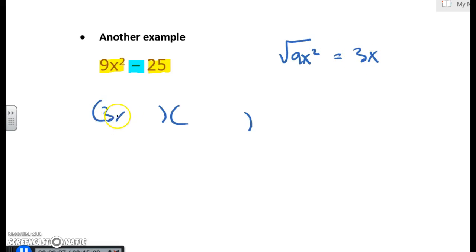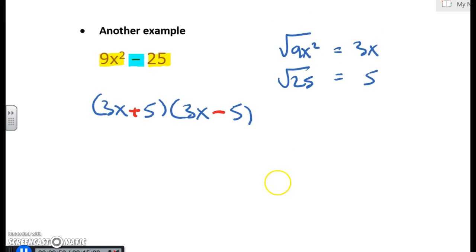I'll put the 3x here in the beginning of both binomials. Then I'll do the same thing to the 25. I'll get a 5, put the 5 down. And then again, your signs are going to be a plus and a minus. The order doesn't matter here. It can be 3x minus 5, 3x plus 5.